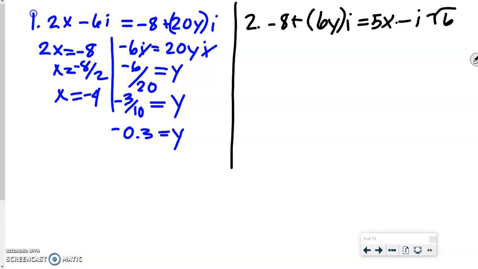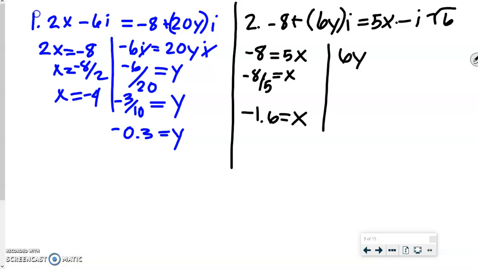Okay, once again, I'm going to set these equal: negative 8 is equal to 5x. x is equal to negative 8 over 5, right? Which would be negative 1.6 equals x. I'm going to do our y's, which are also going to be our imaginary parts. So we've got our 6yi is equal to negative i square root of 6.